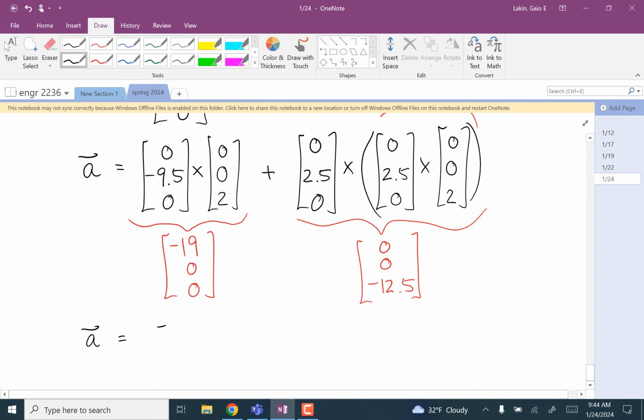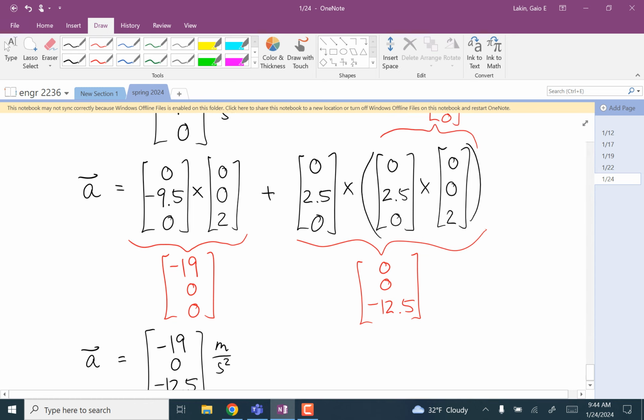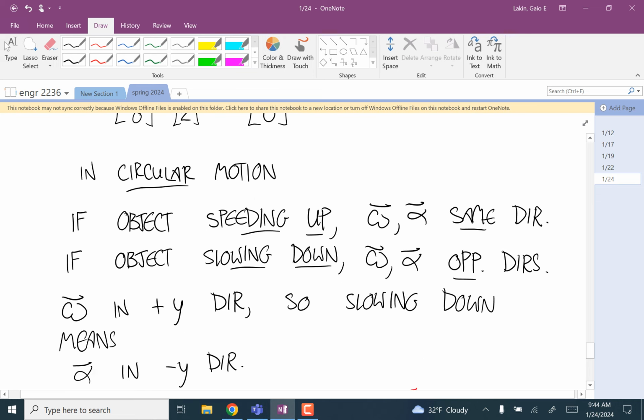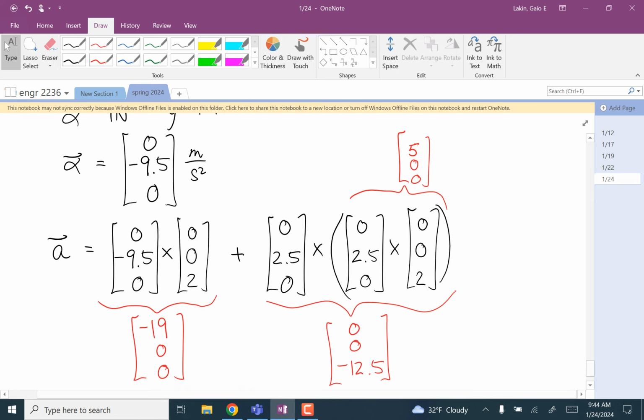So the acceleration is negative 19, 0, negative 12.5. And now let's look back at the problem and interpret what this is telling us.